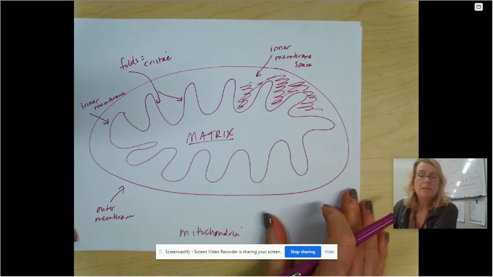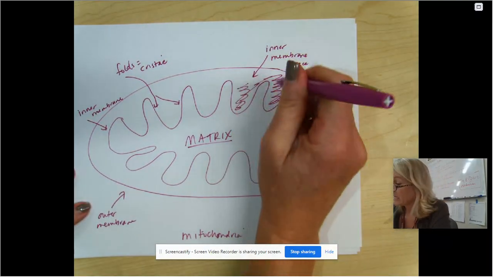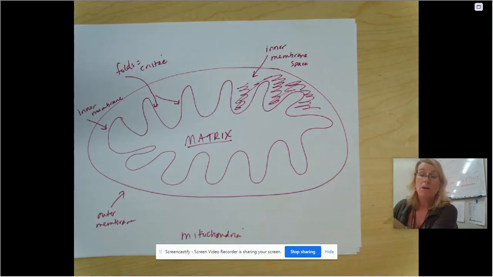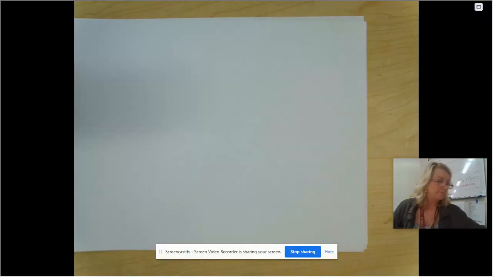Okay, it's important that you can visualize this because this space right here is where we're going to be pushing all those protons or hydrogen ions, actively transporting them into the inner membrane space, and then they're going to fall back through, back into the matrix. Okay, so that's our first drawing, one and done. Let's move on to the next one.